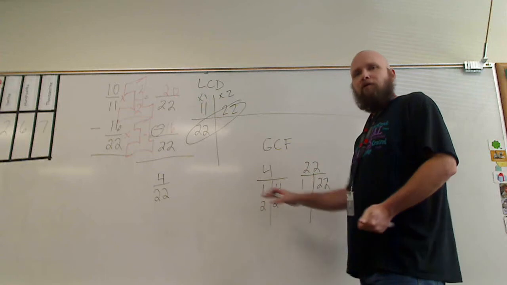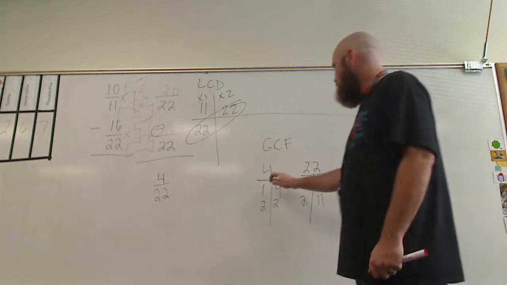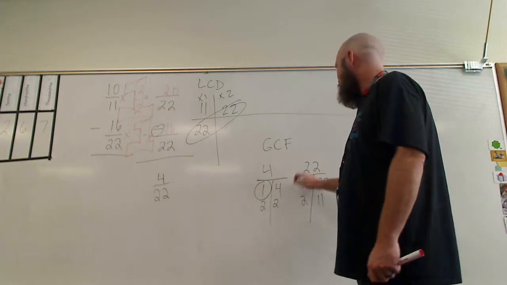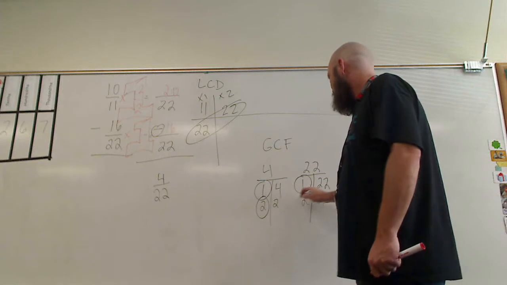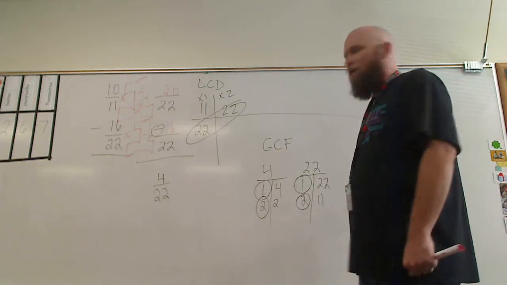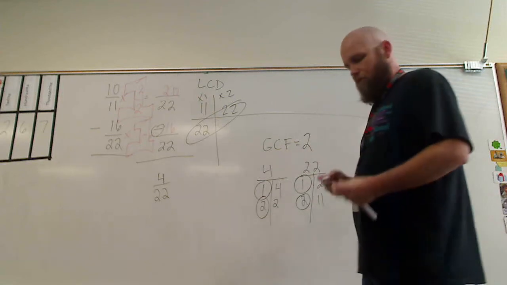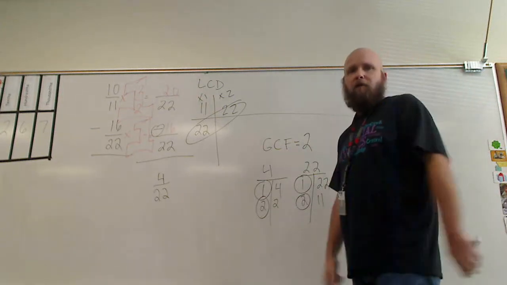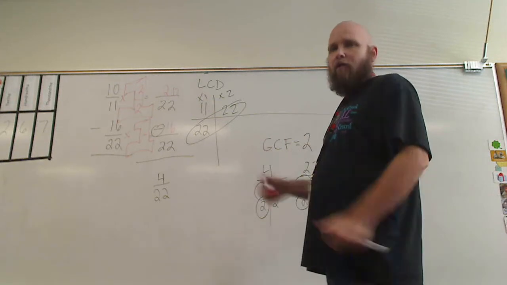These are the only factor squares I could make to get 4. I identify what they have in common. They have a 1 in common. That's not all they have in common. They have a 2 in common. Since they have a 2 in common and nothing else in common, my greatest common factor is 2. Once I find my greatest common factor, I simplify my fraction by the greatest common factor.